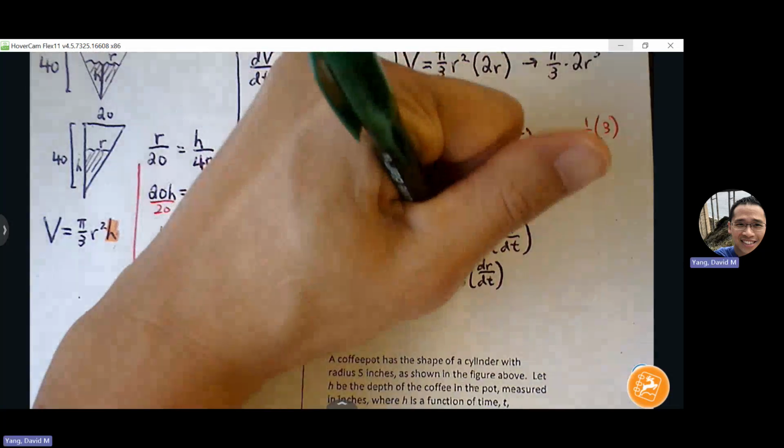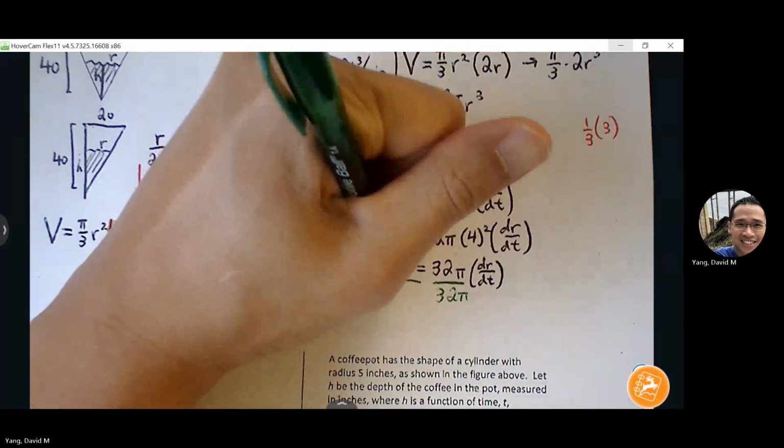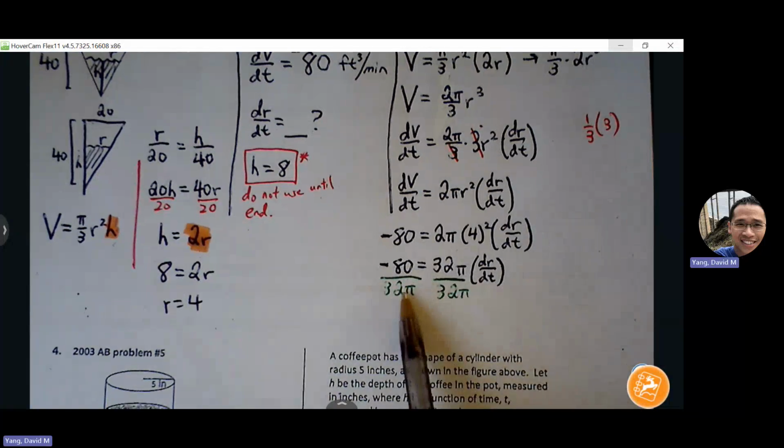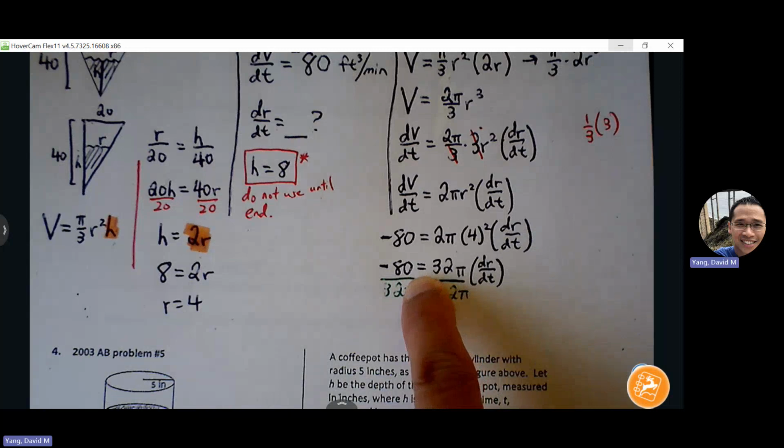Divide by 32 pi. Now, if you want to put this in the calculator, you can, just don't put pi in the calculator. Once you put pi in the calculator, it's going to give you a decimal approximation, and I want exact values. So you can use the calculator to reduce that fraction, though, if you like.